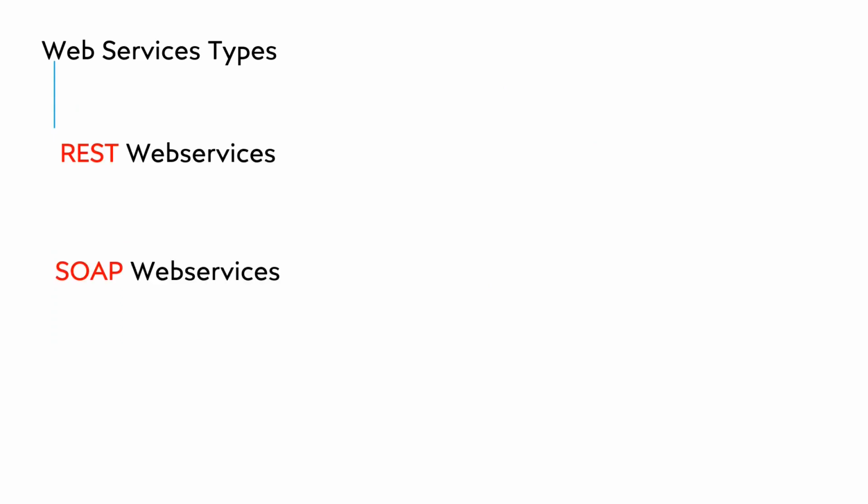Now, if we talk about the popular types of web services, they are REST and SOAP. In my early career, I normally used SOAP web services, and later REST services became more popular. These are the two popular web service types, REST and SOAP.